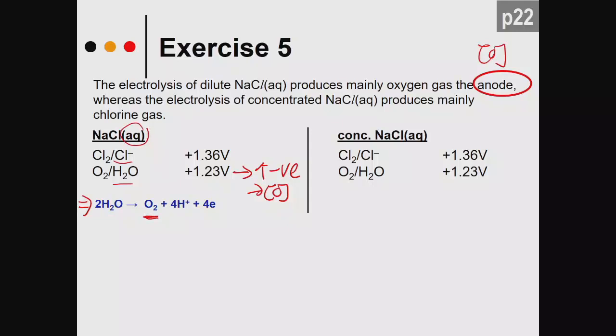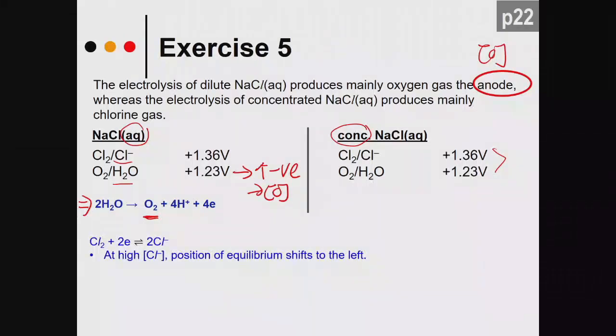Now, what about the concentrated NaCl? Now I change the electrolyte to concentrated NaCl. Remember, when you are using a concentrated solution, you cannot only look at the E naught value, you have to consider the concentration factor. And because these two E naught values are very close to each other, you have to consider the concentration factor.